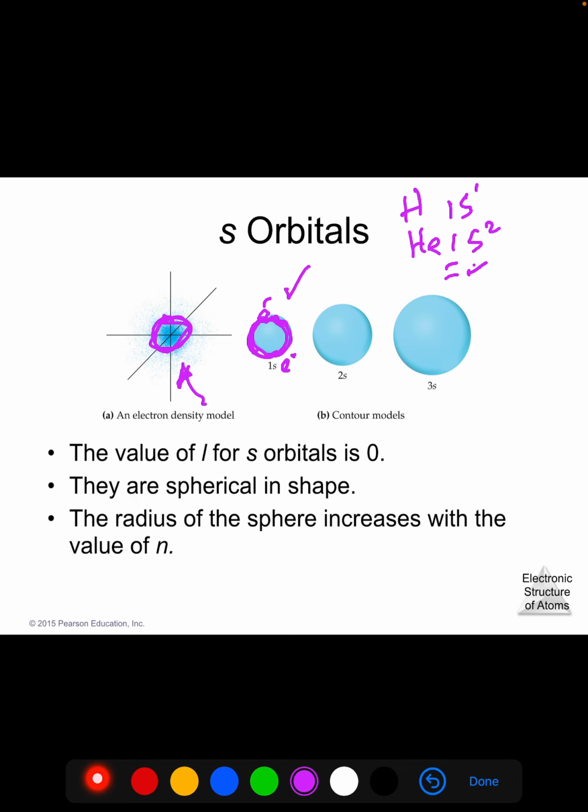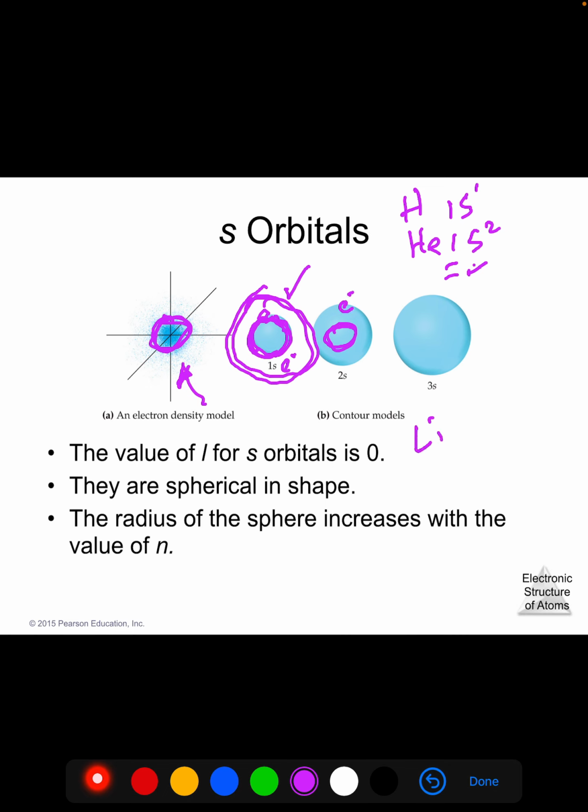It can only hold 2. So what do I do? I put another electron further out and make another sphere. They compare this to the nesting Russian dolls. They call this nesting. So this one has 1s inside it, but then if it's lithium, 1 more electron in its outer shell.